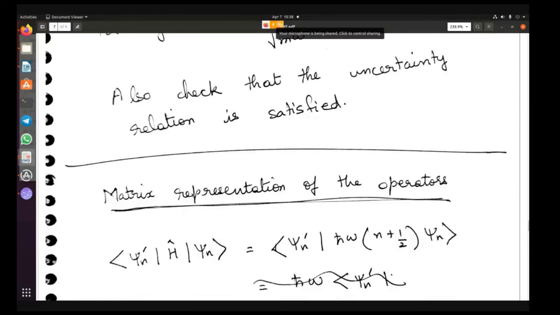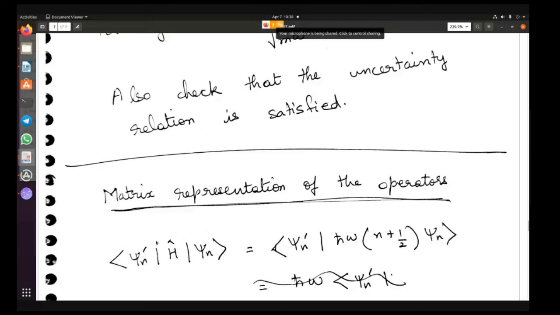All right. So far we have discussed the matrix method, but we have not represented any of the operators in terms of matrices. So now we'll try to represent each of these operators in terms of matrices.